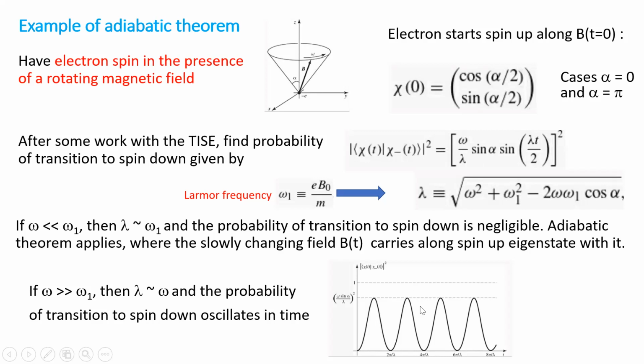And so that's very different. So that's a non-adiabatic situation. Okay, so that's an example. The adiabatic theorem holds when omega is much, much less than omega 1. The external condition, the magnetic field to the system, is changing slowly, and it stays in that same spin-up eigenstate. It's just carried along with the external condition.